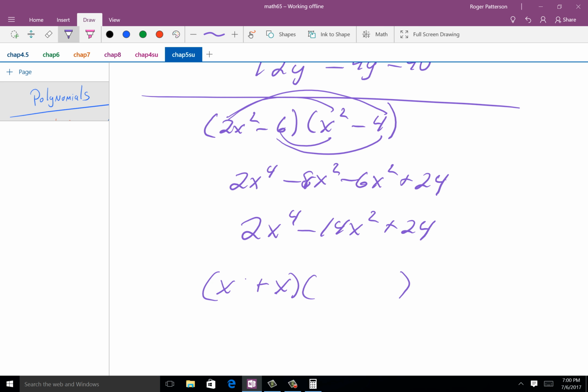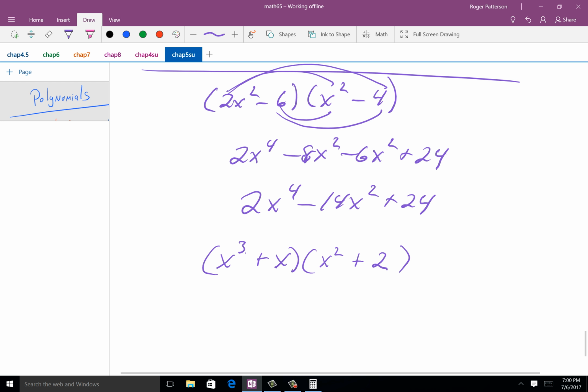Maybe I better make that one 3x squared plus 2. There's no way this is going to combine, so we'll multiply this.